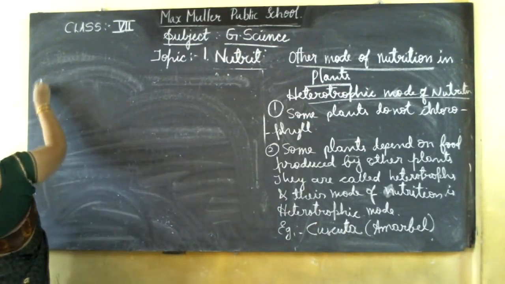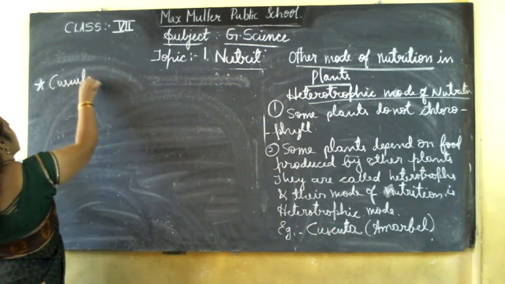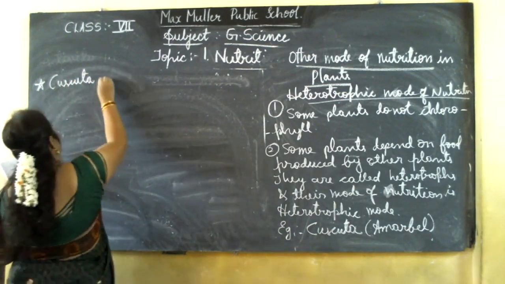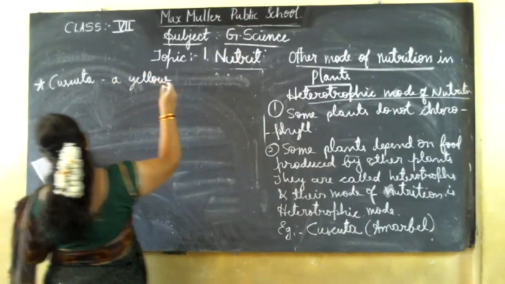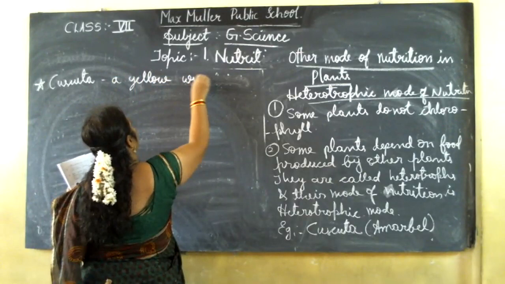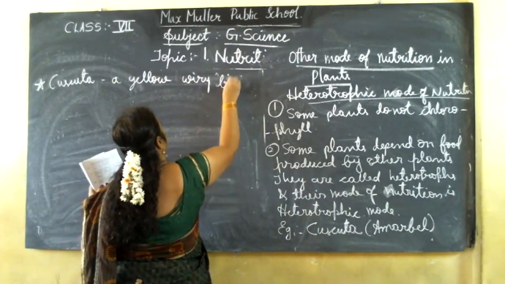The Cuscuta will be a yellow wiry branched structure.